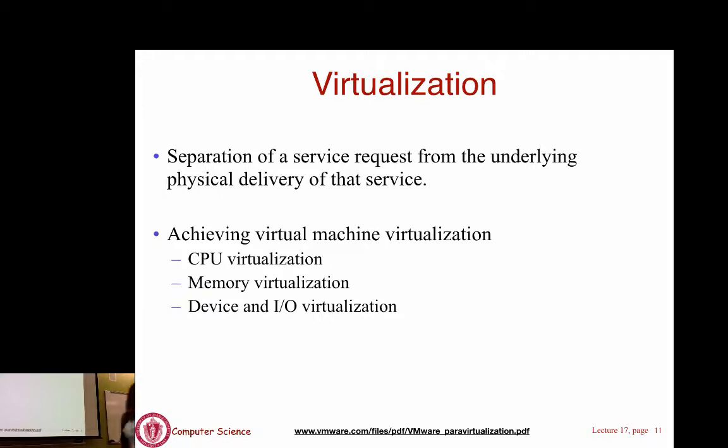It basically emulates the Nintendo on the PC, so that your game that was originally designed for the Nintendo can actually be played on the PC. So it is a type of virtualization. You see that the service, which is you playing a game, is decoupled from the actual physical resources that deliver the service, which now is the PC, not the Nintendo.